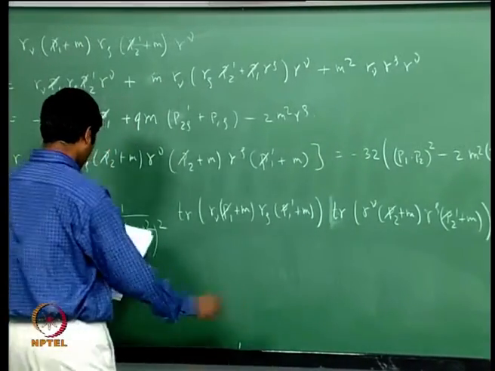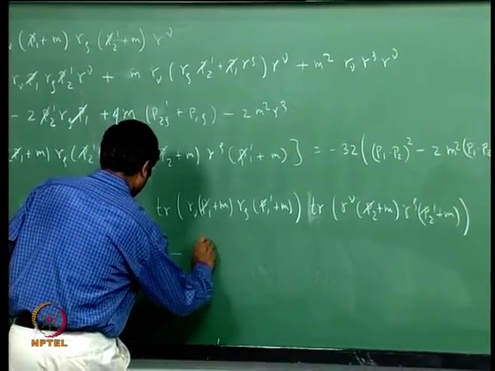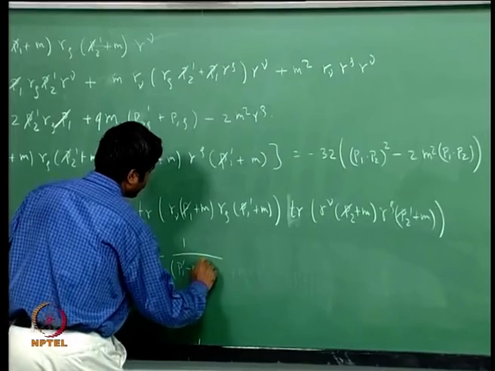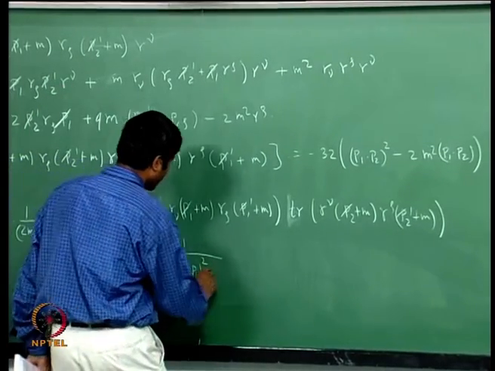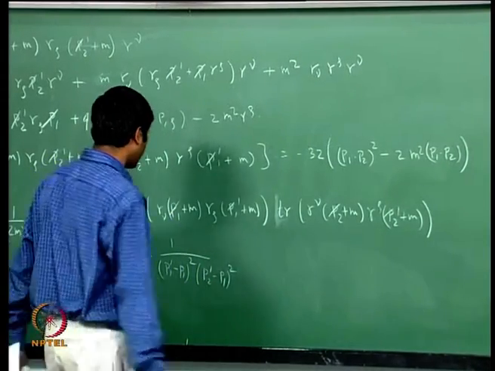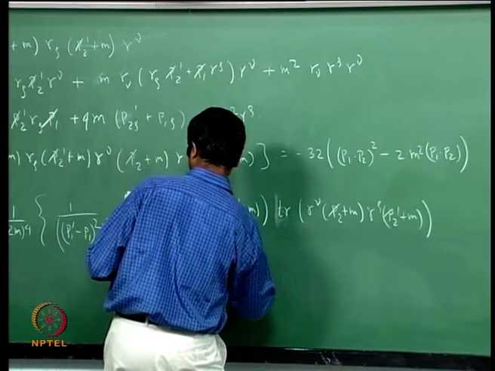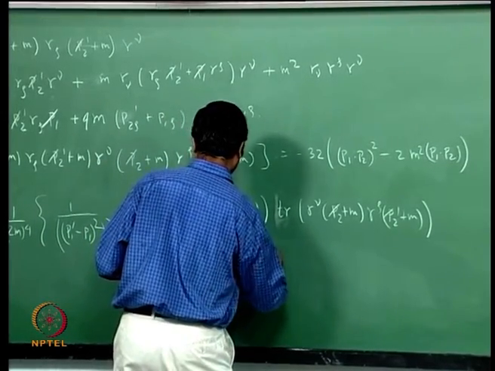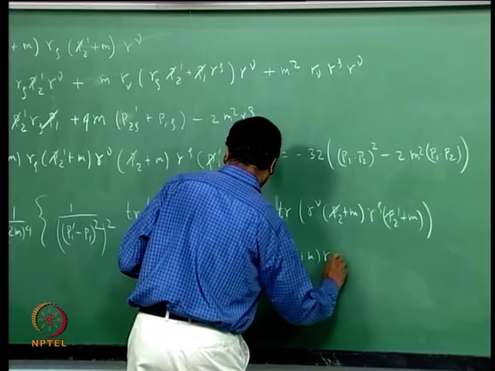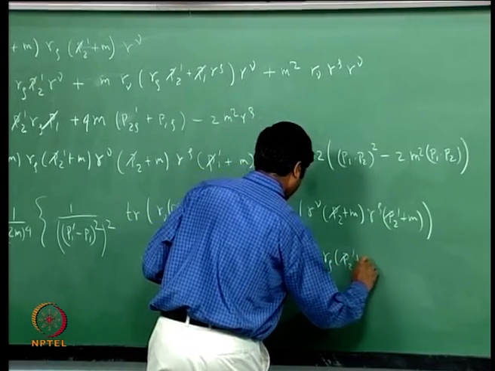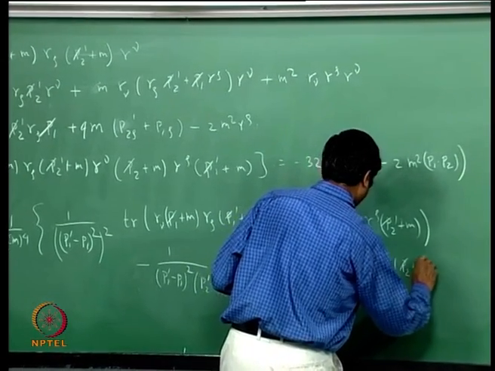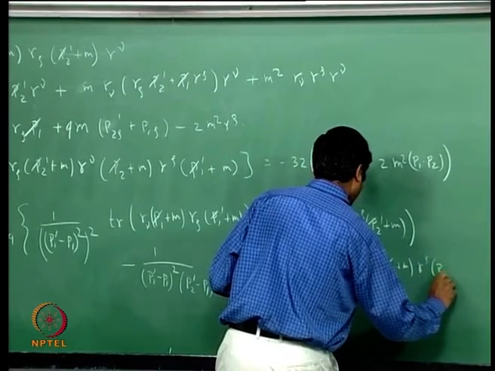The second term, which we have evaluated today, is minus 1 over P1 prime minus P1 square for the photon propagator from the first diagram, P2 prime minus P1 square for the photon propagator in the second diagram, and then this trace here, trace of gamma nu P1 slash plus m gamma rho P2 prime slash plus m gamma nu P2 slash plus m gamma rho P1 prime slash plus m.